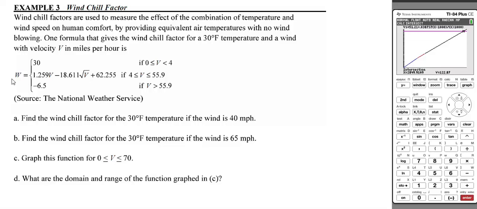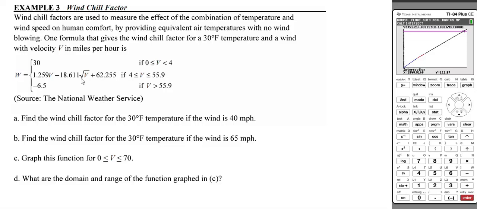So the wind chill factor, and all of these are for a 30-degree temperature. Wind chill factor when it's 30 degrees out will feel like 30 if the wind velocity is between 0 and 4. If the wind is between 4 and 55.9 miles per hour, then we use that second piece of the function.